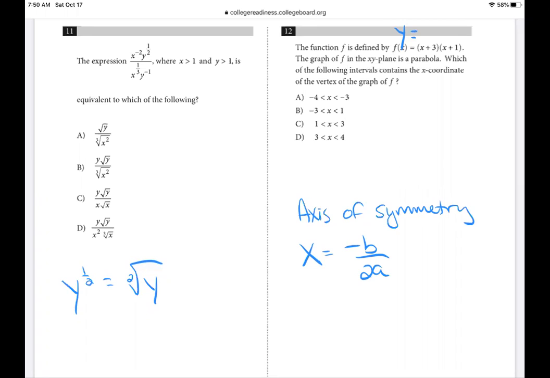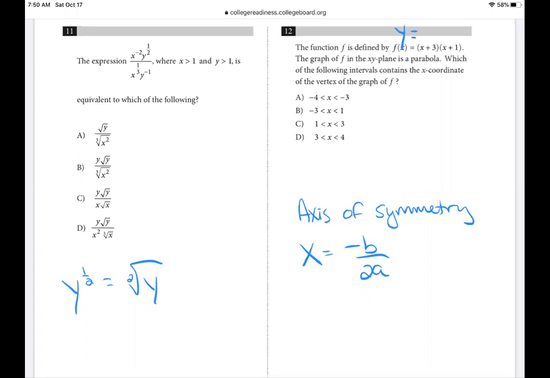Okay, so for number 11, we're asked which is equivalent to this expression, and they're telling us x is greater than 1 and y is greater than 1. So if I get rid of those negative exponents, because none of the answer choices have negative exponents. Again, you can change a negative exponent to a positive exponent by putting it in the opposite numerator or denominator of the fraction.